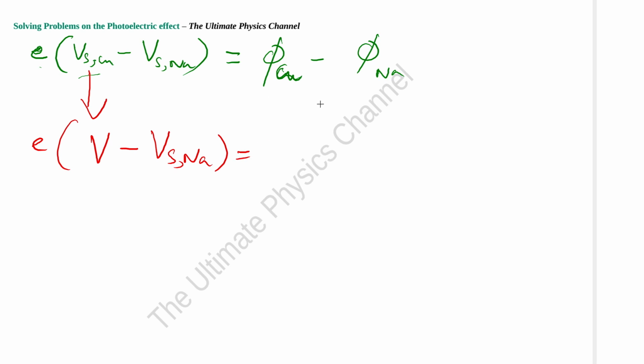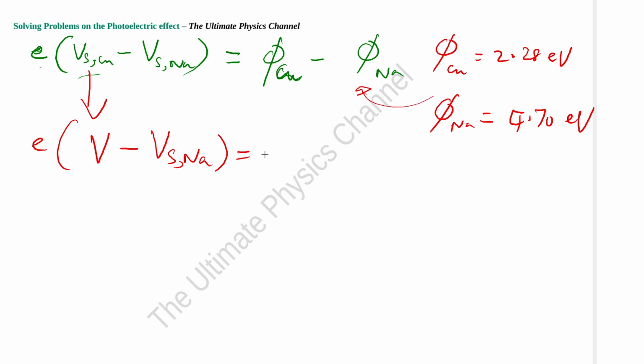These two values are not provided, but from the tables we can get that for copper, phi is 2.28 eV, and for sodium it is 4.70 eV. These two values can be substituted here, and the result would be a negative 2.42 eV on the right hand side.